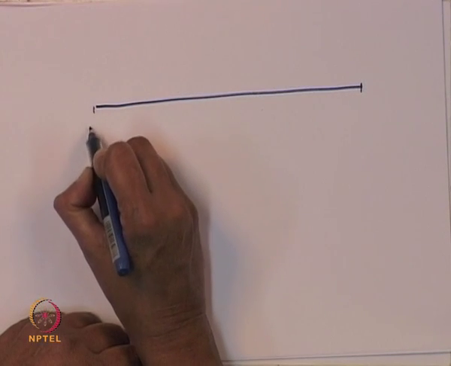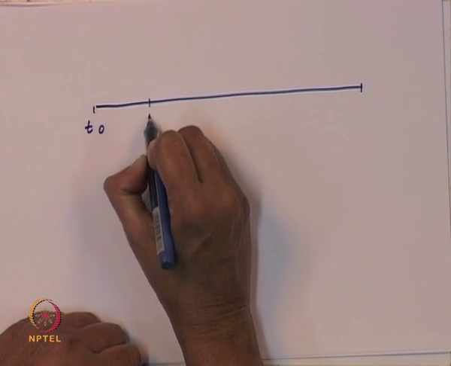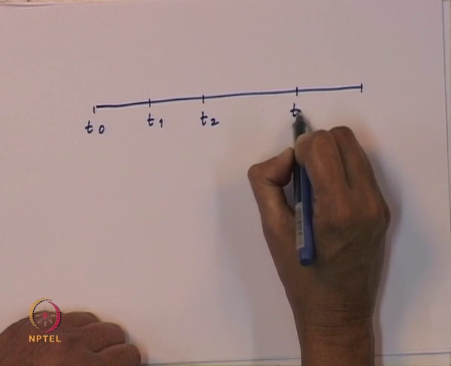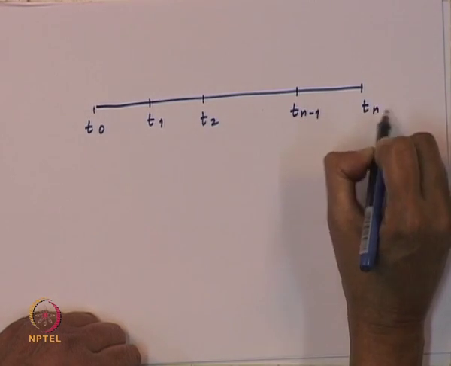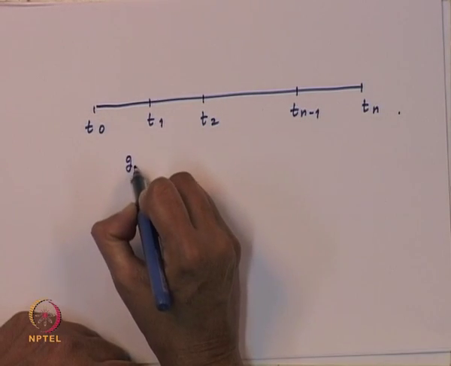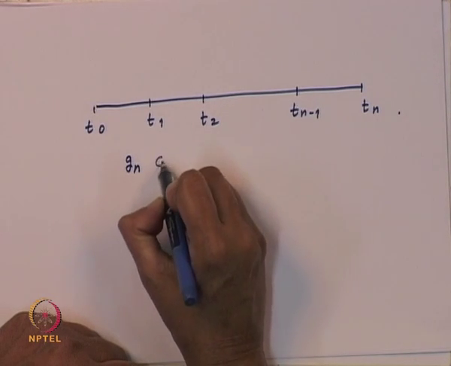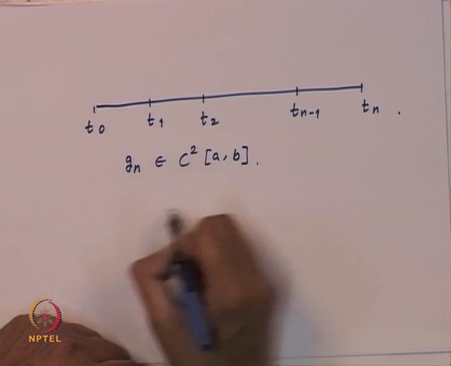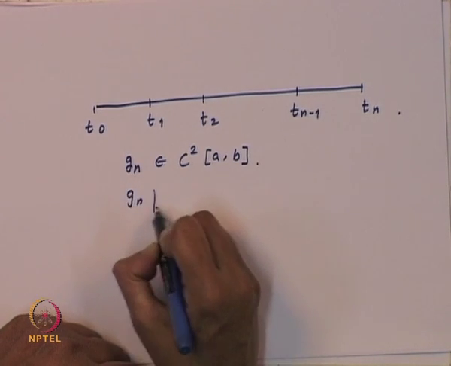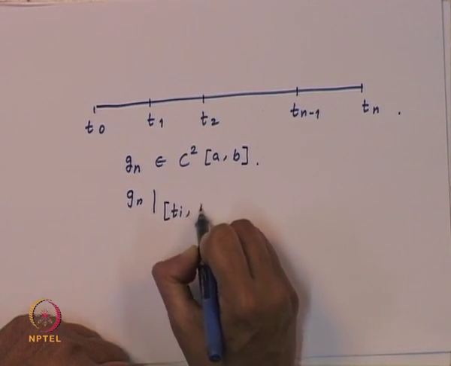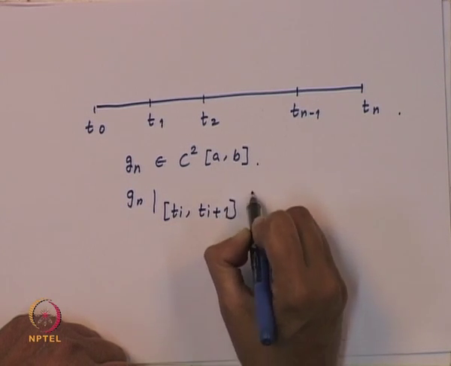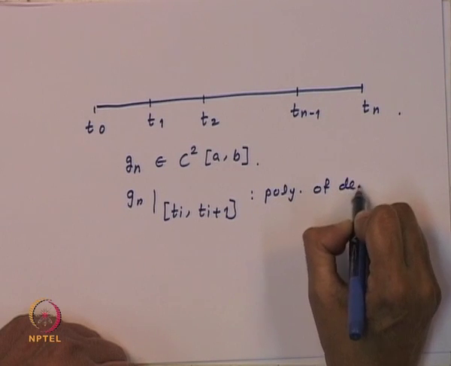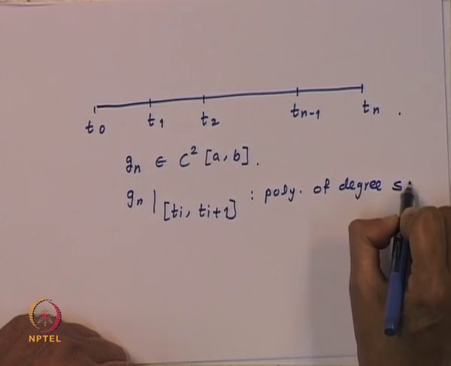This was our uniform partition t_0, t_1, t_2, up to t_{n-1} and t_n. We want g_n to be in C^2[a,b]. g_n restricted to [t_i, t_{i+1}] is a polynomial of degree less than or equal to 3.